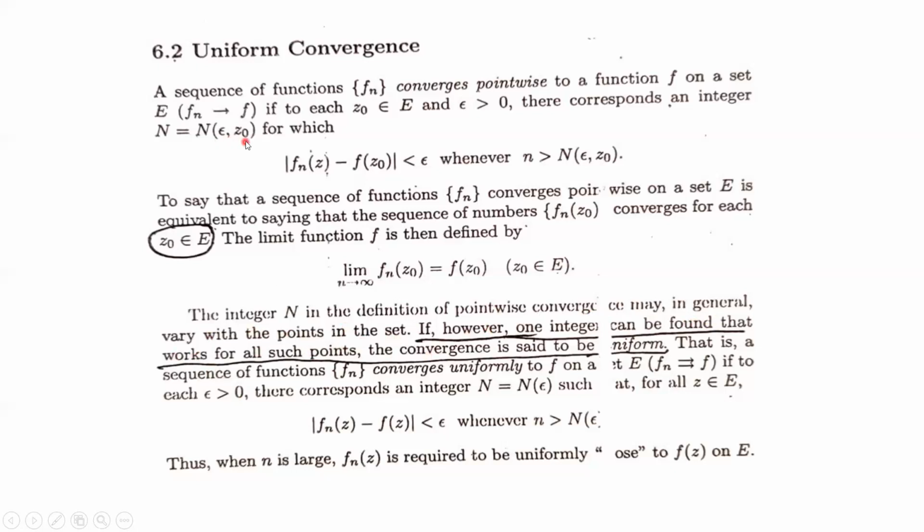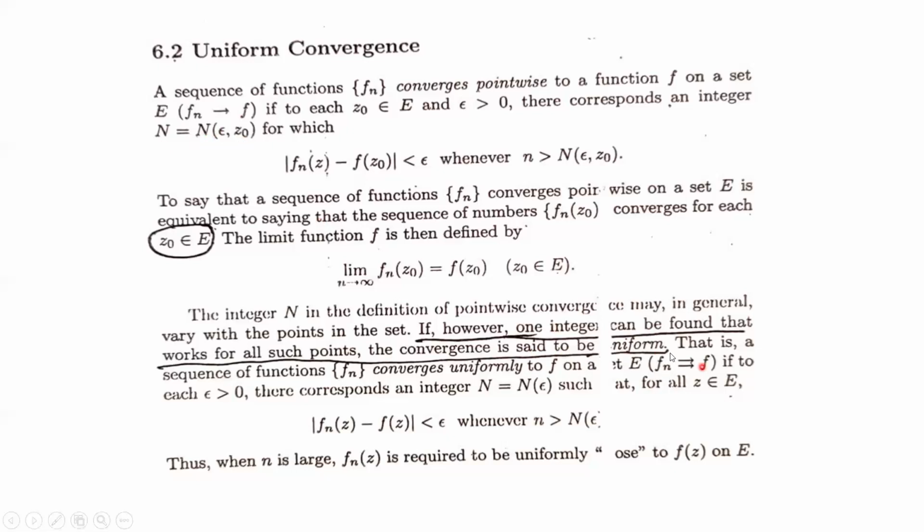As you change the point z naught, the value of N will change accordingly. If, however, one integer can be found that works for all such points, the convergence is said to be uniform. If N is only a function of epsilon and doesn't depend on the spatial location of the point, then we will say that the convergence is uniform.